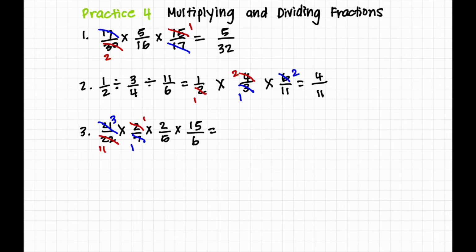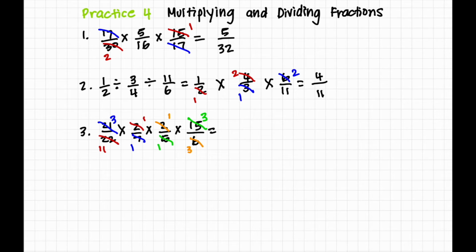And now we can see 2 and 6, which can be simplified to 1 and 3 when we divide them both by 2. And lastly, we have 5 and 15, which are both divisible by 5. So 5 divided by 5 is 1, and 15 divided by 5 is 3.